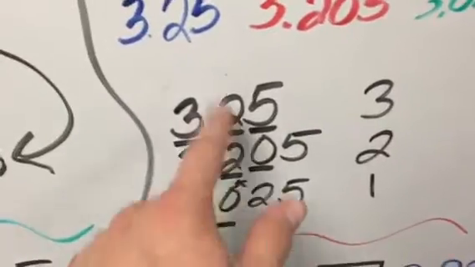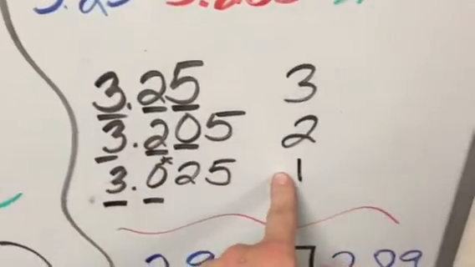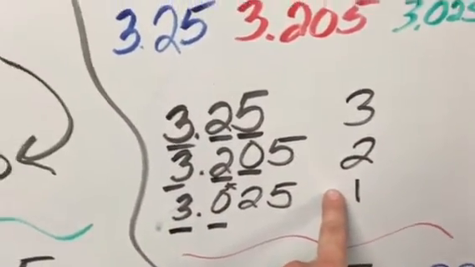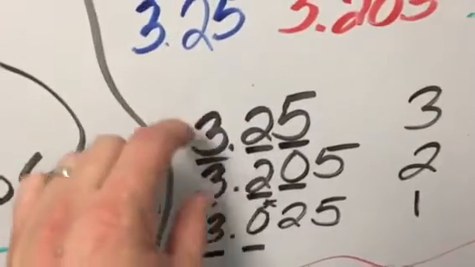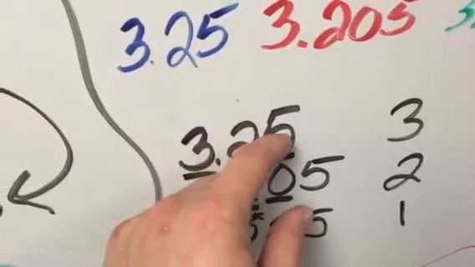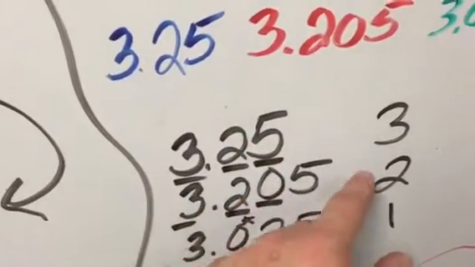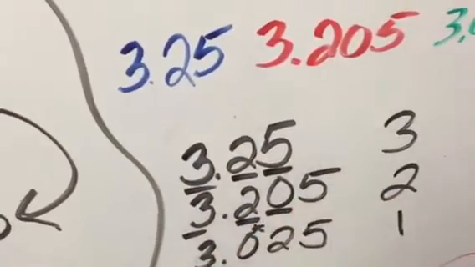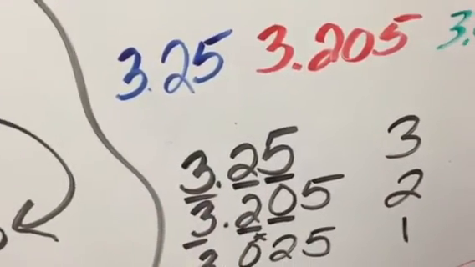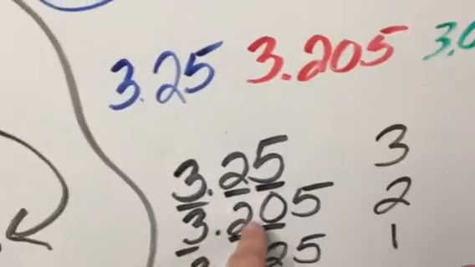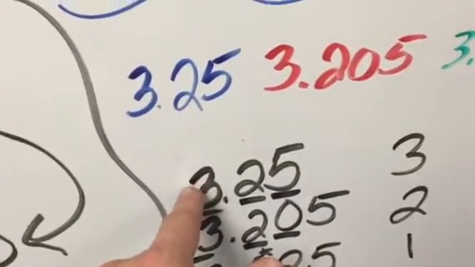It's the only one that's smaller than the other 2. So I take that as my number 1. That's the smallest or least number. And then I look at just these 2, and these are the same, these are the same. All right, this 5 is bigger than this, so this would be the next smallest, and that obviously would be the largest number. So putting them in order would be 3.025, 3.205, and the biggest number is 3.25.